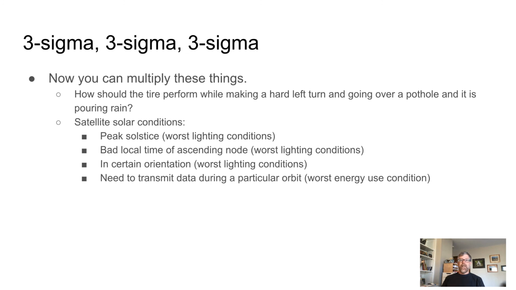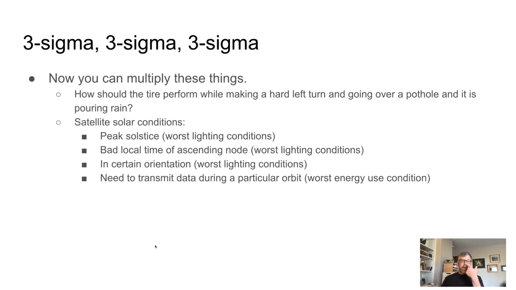It's the same if you're designing a satellite. You may not think that these 3 sigma, 3 sigma, 3 sigma events happen very often, but if your satellite is up there for 2 years, it may happen for like 20 minutes or a few hours or something like that. And do you want your satellite to die during those few hours?